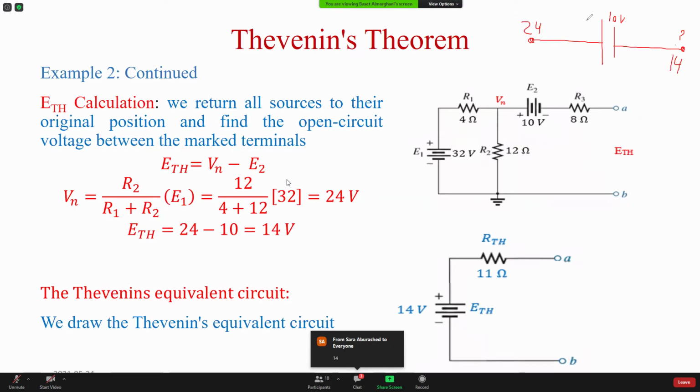See, this is positive, this is negative. You go from 24, you want to reach this point, you're going to lose 10 volt. You go from positive to negative. This 10 volt is actually 24 minus 14. So the voltage here, if it's 24 volt here, the voltage here is 14.